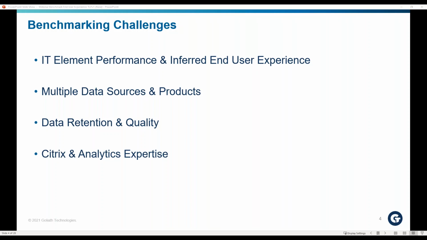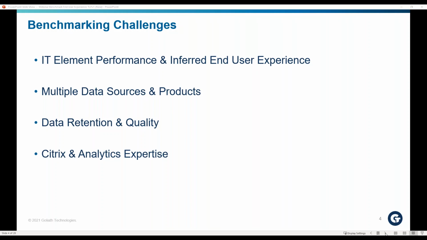What I mean is server monitors monitor servers, storage monitors storage, network is network. And what you're doing is looking at these metrics and saying, well, there's plenty of network capacity. There seems to be enough server resources, so therefore end user experience must be okay. So they're inferring end user experience, not actually monitoring actual end user experience.